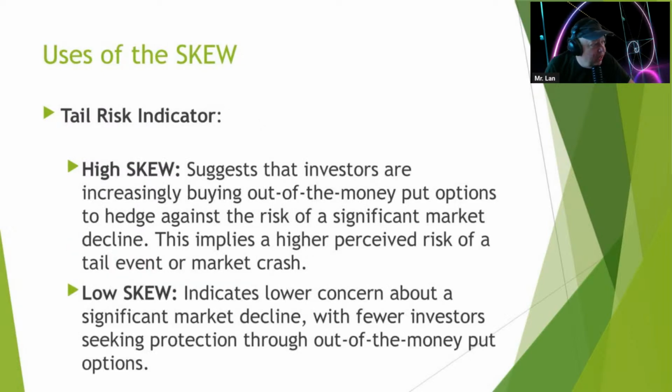So high SKEW suggests that investors are increasingly buying out of the money put options to hedge against the risk of significant market decline. This implies a higher perceived risk of tail events or market crash. A low SKEW indicates lower concern about a significant market decline, with fewer investors seeking protection through out of the money put options.